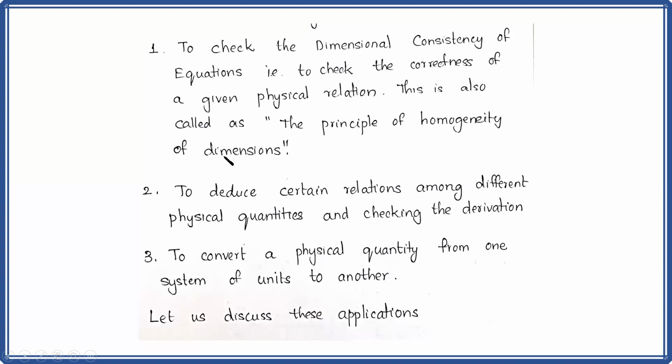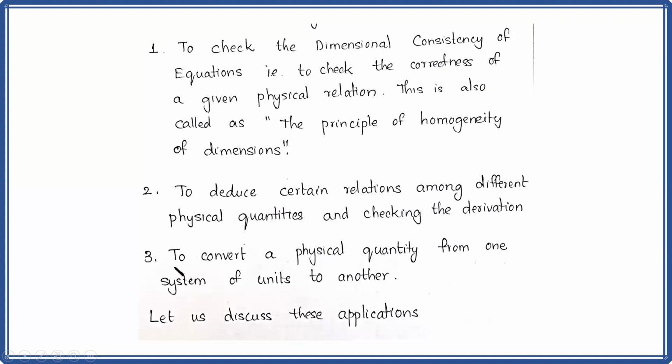This means they will give some physical quantities and we have to derive the particular equation and see whether that equation is right or wrong. I will explain this in detail after finishing this third point. All the points I will explain now.